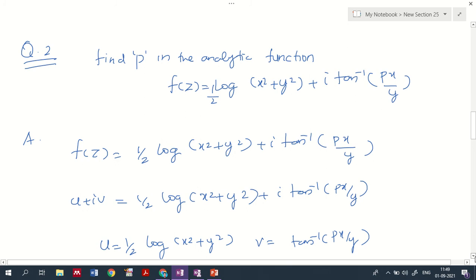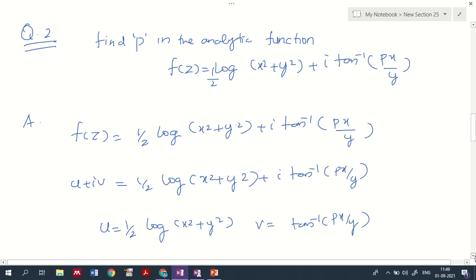And how do we represent it here? Here u equals half log x square plus y square, and v equals tan inverse p x by y. We did the same kind of problem in the last class, where instead of p we had tan inverse y by x, to verify whether the function log z is analytic or not.